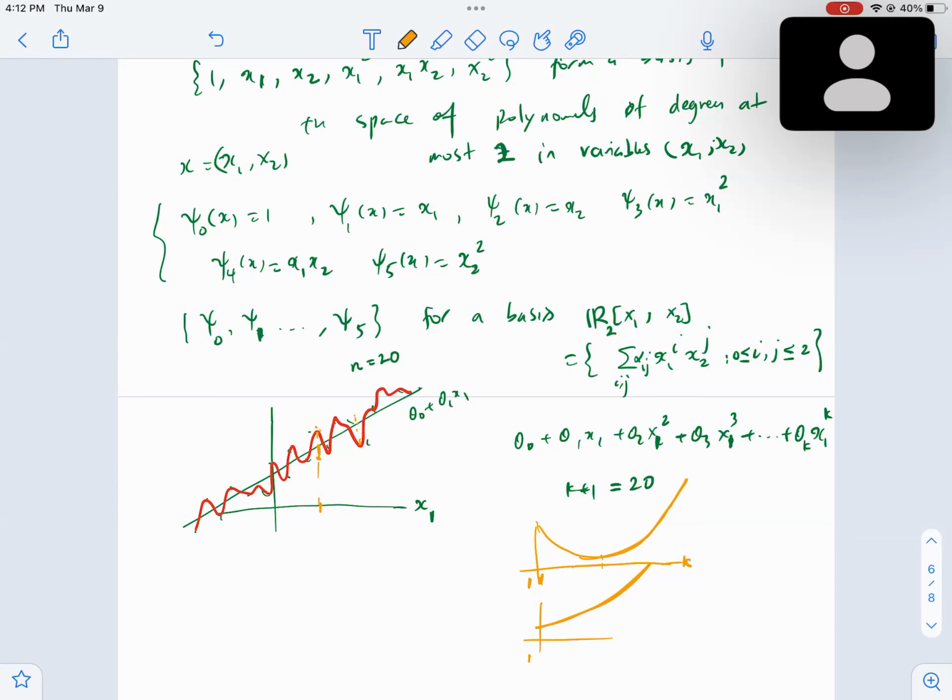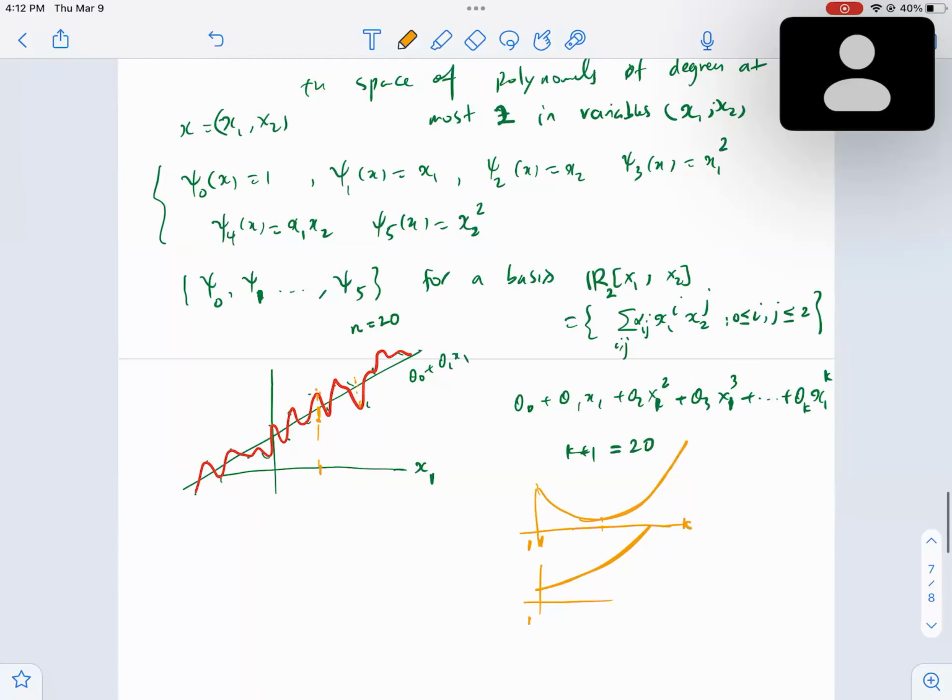So suppose, I should come up with an example, you have a sequence of functions. You have maybe 100 of them, but they're all polynomials of degree 2, right? If I form a linear combination of them, I still get a polynomial of degree 2, although I have 100 features.